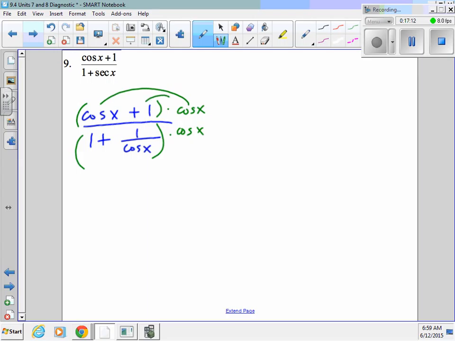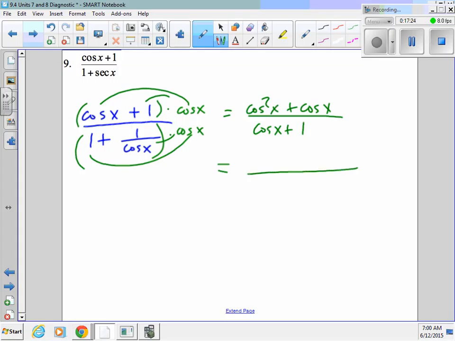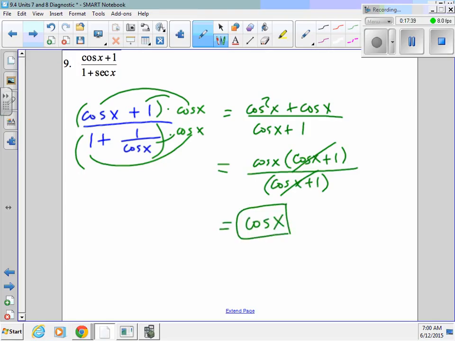I get cos squared x plus cos x over cos x plus 1. Now I can factor a cosine out of the numerator, and I get cos x plus 1 over cos x plus 1. Those cos x plus 1s go away, and I'm just left with cos x. I think these are fun because you get something nice and simple at the end.